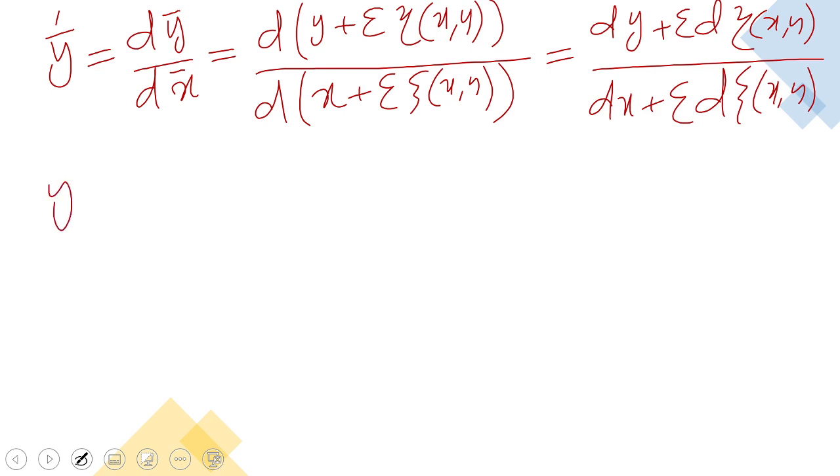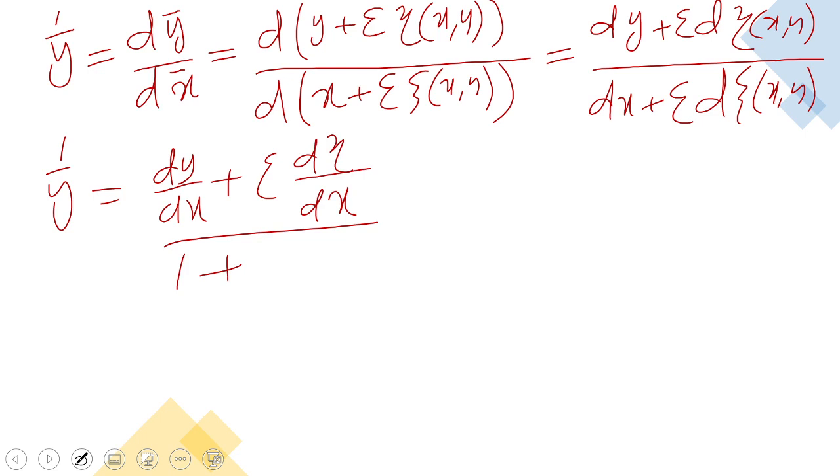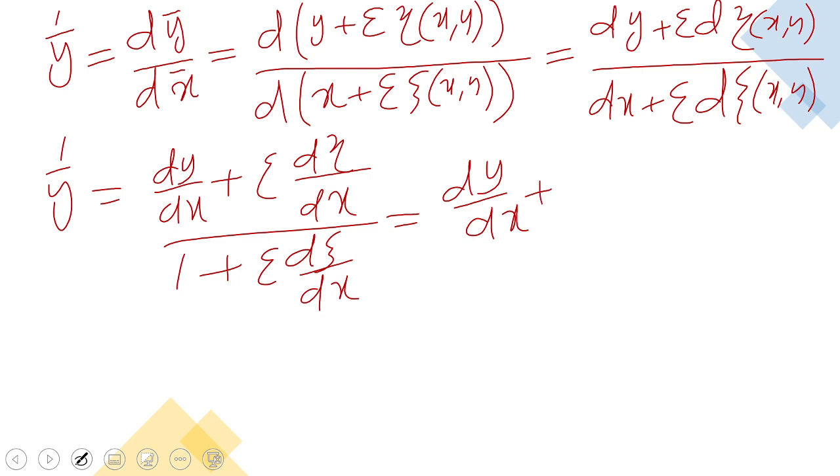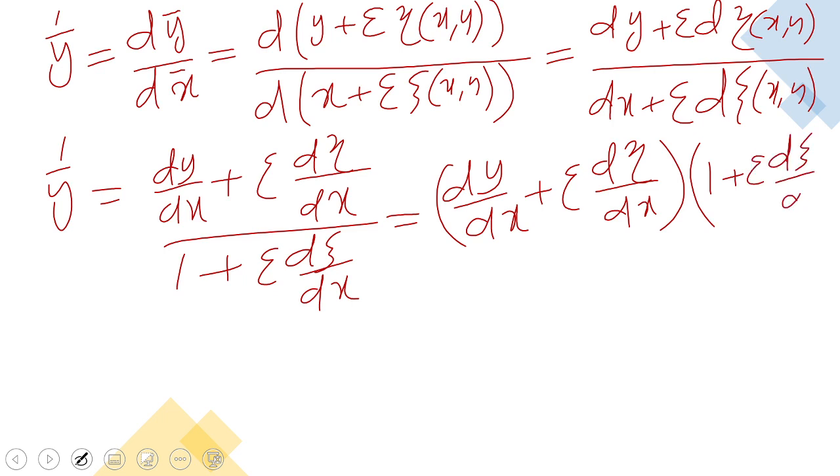So I can write this y dash as dy by dx plus epsilon d eta over dx, over 1 plus epsilon d xi over dx, and also I can write it as dy over dx plus epsilon d eta over dx, and write the denominator in power minus 1.